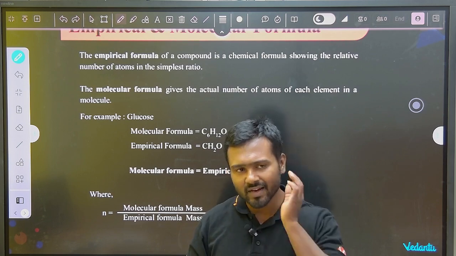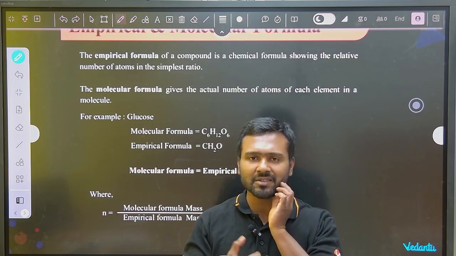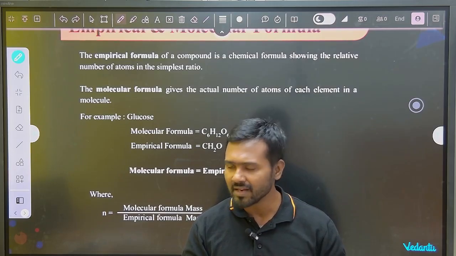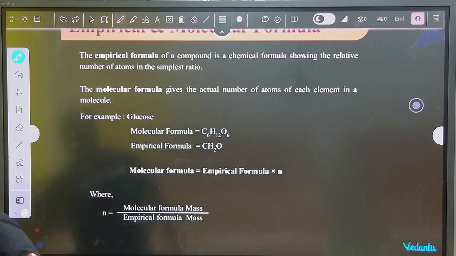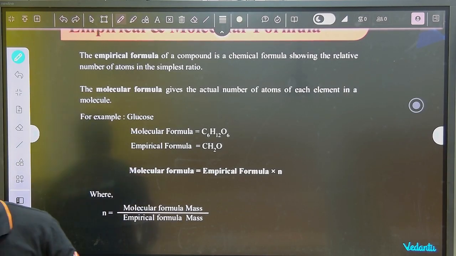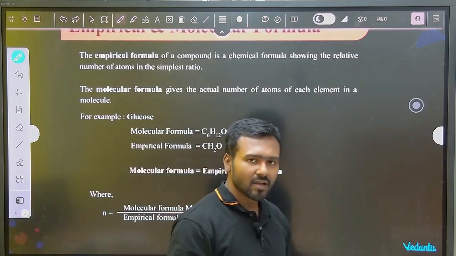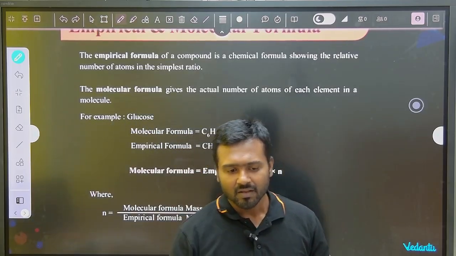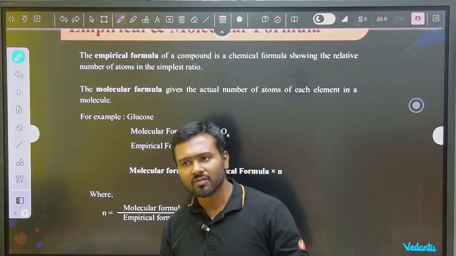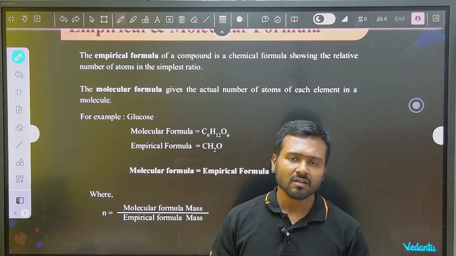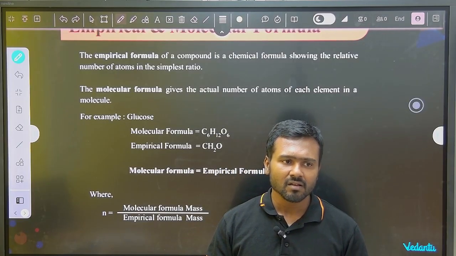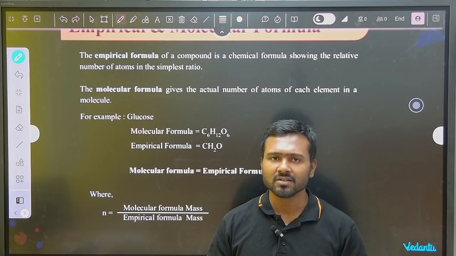After dividing, if you are still getting fractions, then we multiply with a single number, any number, until we get whole numbers. We should not get fractions.